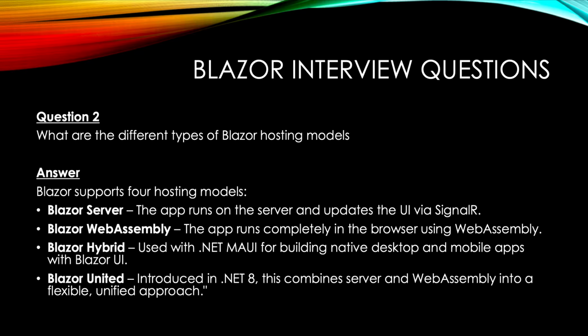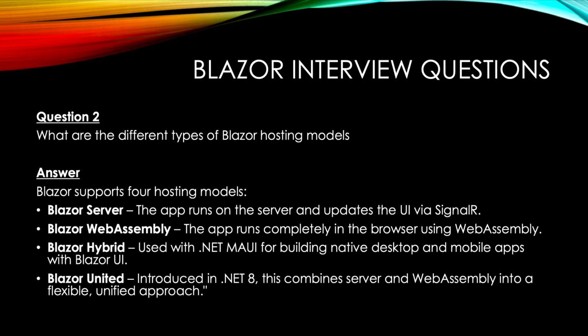And second question, what are the different types of Blazor hosting models? We have four different types of hosting models. One is Blazor Server. The app runs on the server and updates the UI via SignalR back to the client. The other one is Blazor WebAssembly.